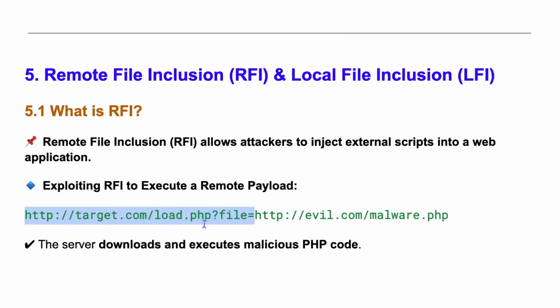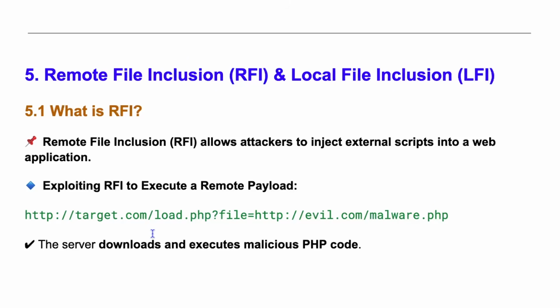In this case, it's loading a file. And if the value of the file parameter that we have here can be modified to load something from an external site, this is considered a remote file inclusion. And in this case, it's launching this malware.php as soon as this is loaded, right?